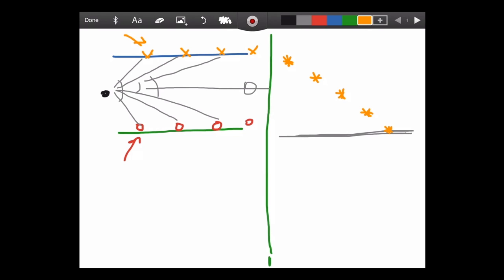Like that. Now the beach balls will likewise start off here and then work their way up towards the center where the horizon is.